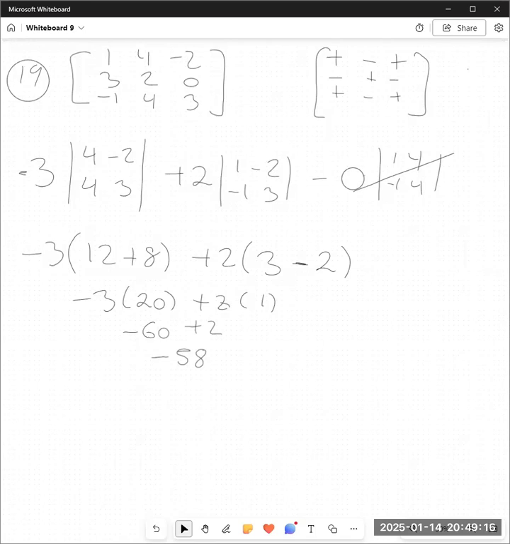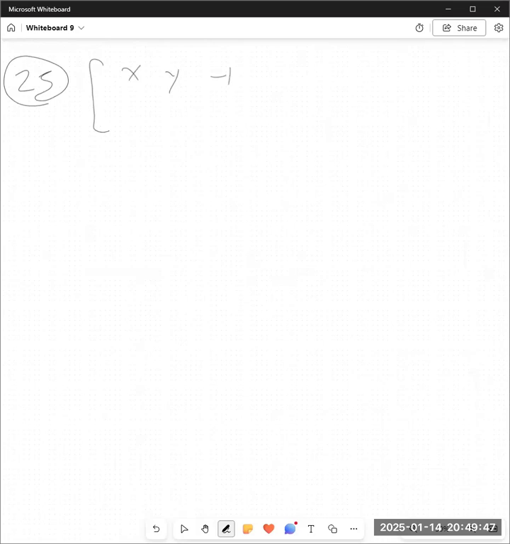And then let's look at number 25 next. Number 25 says x, y, -1, 3, 2, 0, 1, 1, 1.